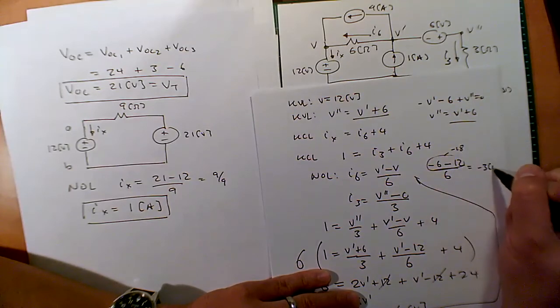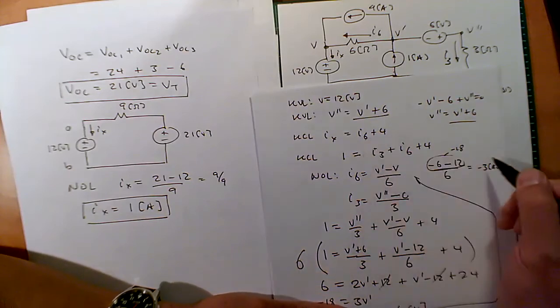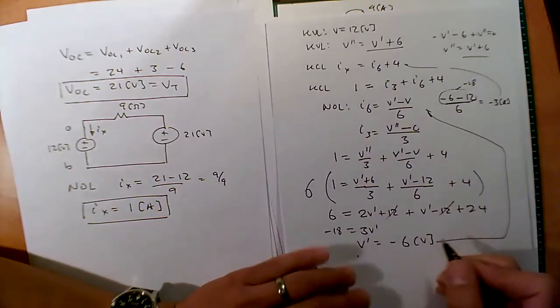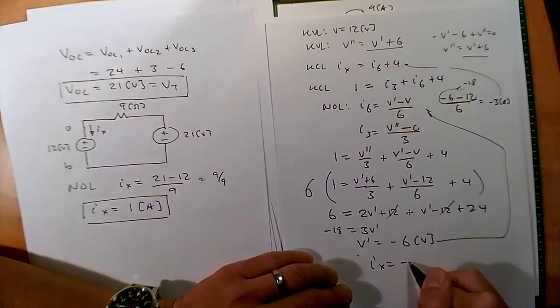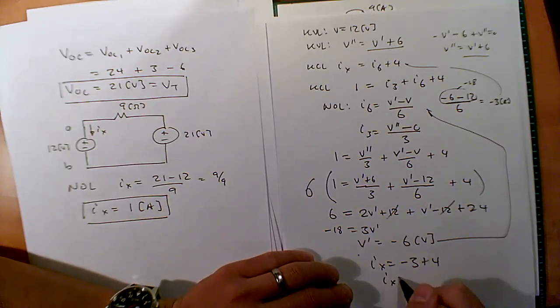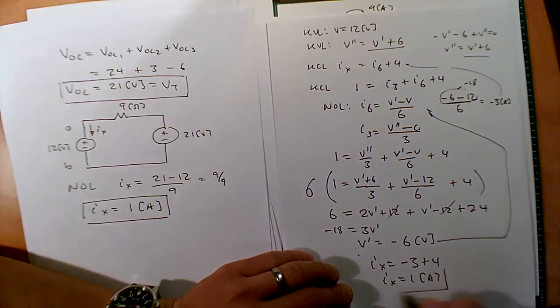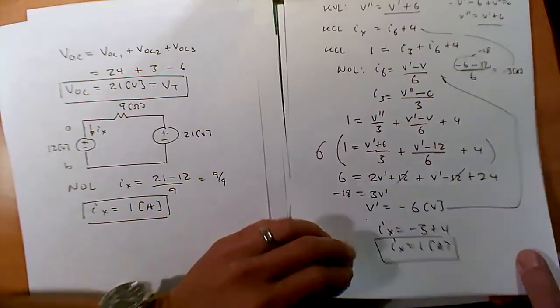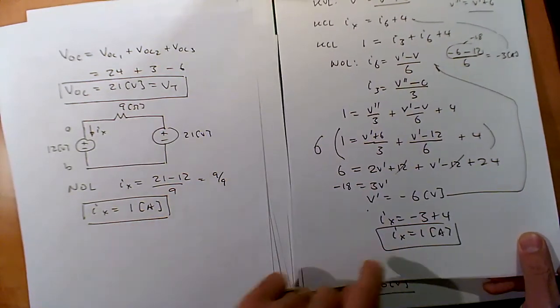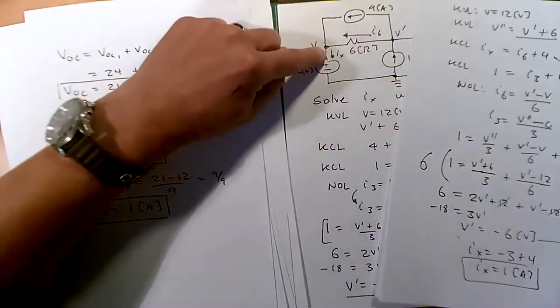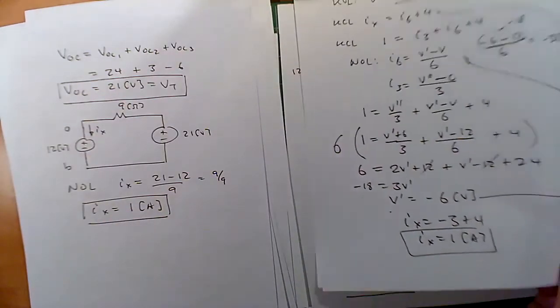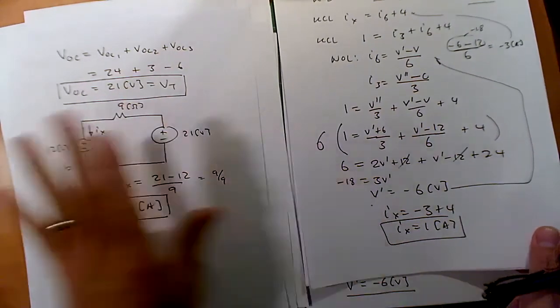That's negative 3 amps. So that's I6. And then that comes over here, and I see Ix equals, check this out, negative 3 plus 4. Ix equals 1 amp. Excellent. That's the same answer we got before. Victory, victory. Yes, yes. Okay, so you can see there are so many ways that all should be consistent.